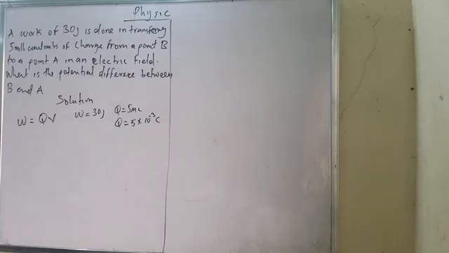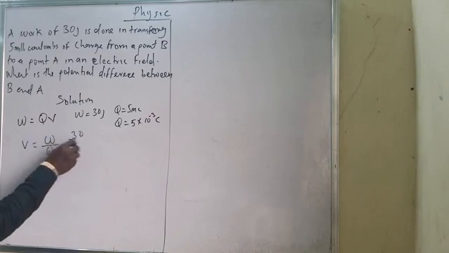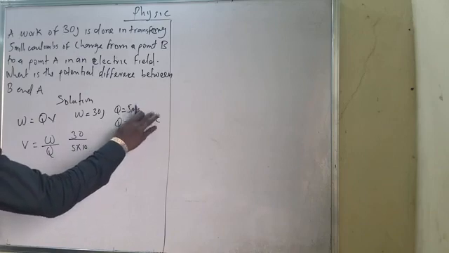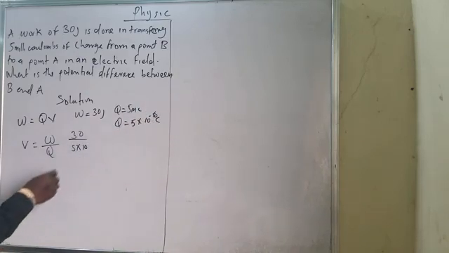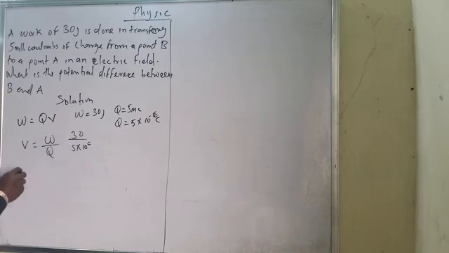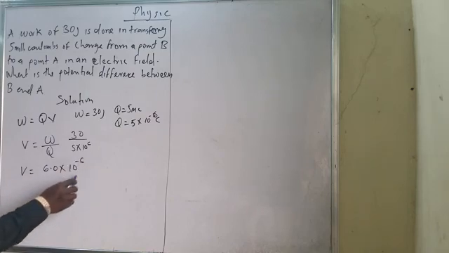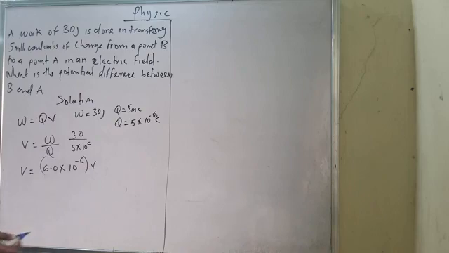It means my V equals W divided by Q, which is 30 divided by 5 multiplied by 10 raised to power minus 3. Anyway, this is power minus 3. So 5 in 30 is 6, which equals 6.0 multiplied by 10 raised to power 3 volts. That is my final answer. That's all.